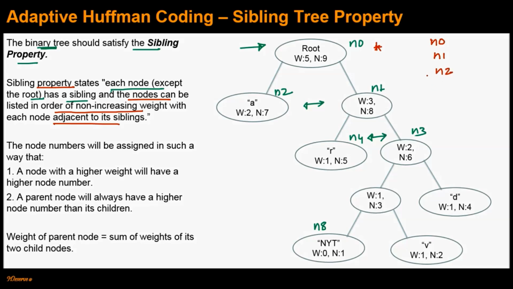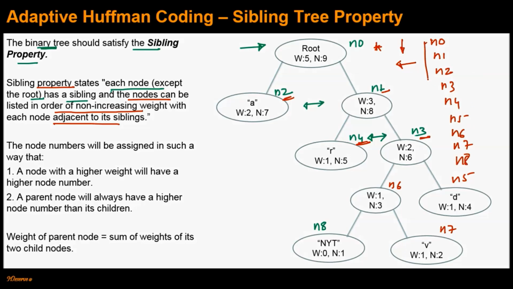Basically, I am listing the nodes from top to bottom and from right to left. So N0, N1, N2, N3, N4. This would be N5, N6, N7 and node N8. So N0, N1, N2, N3, N4, N5, N6, N7, N8.